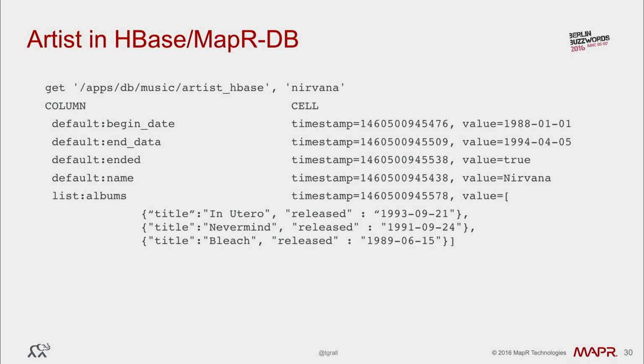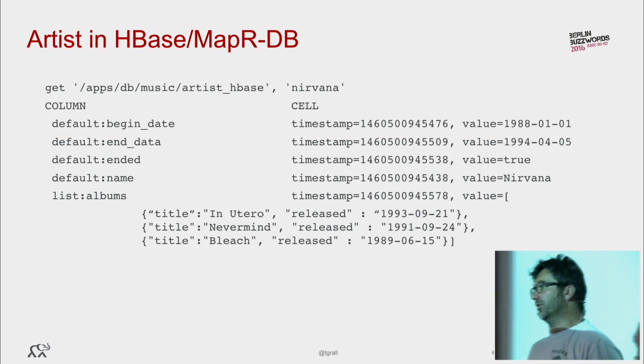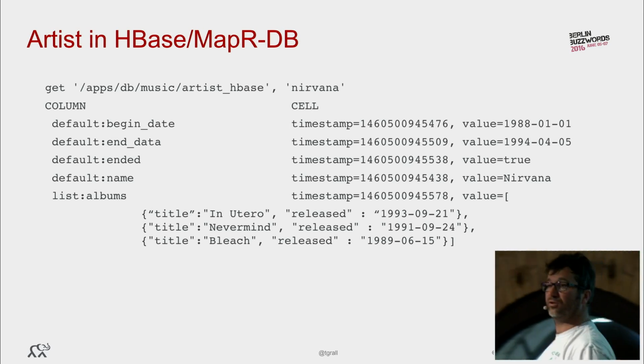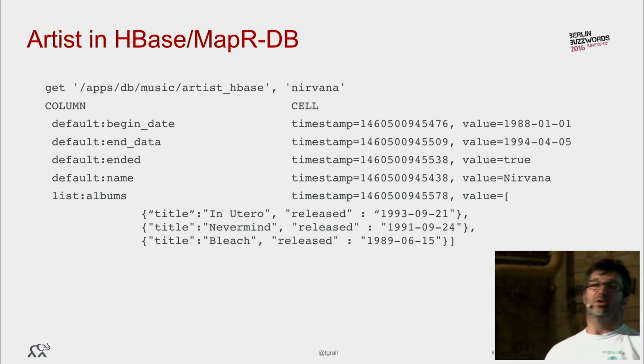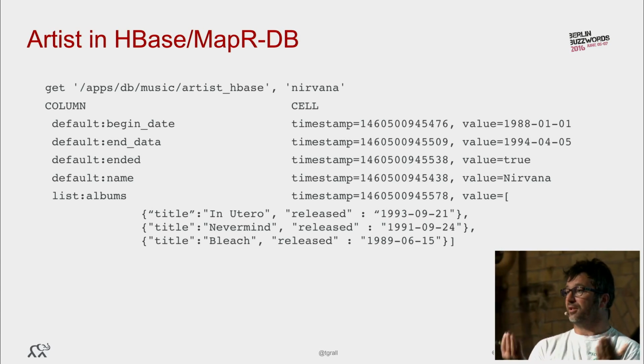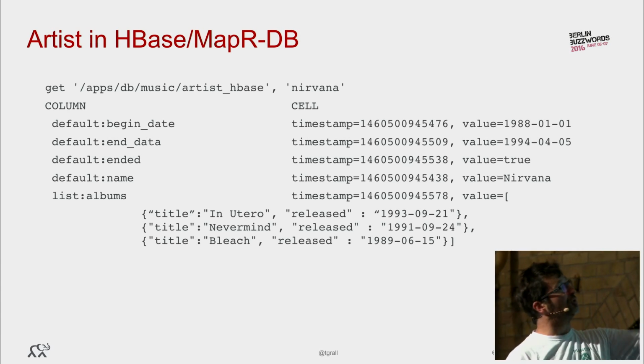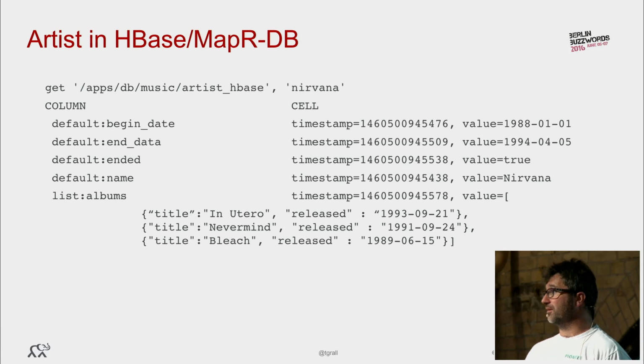So HBase, by default, will represent the information this way. And here, in this album list, we have a list of values as JSON, just to make it easier to organize the content. So you don't have relations officially between different tables, but you can do that in this context using embedded lists in one single row.